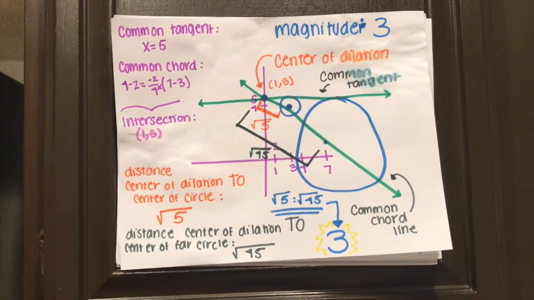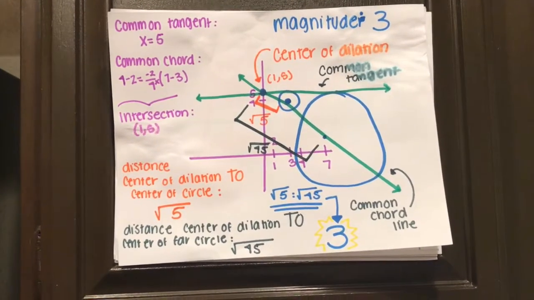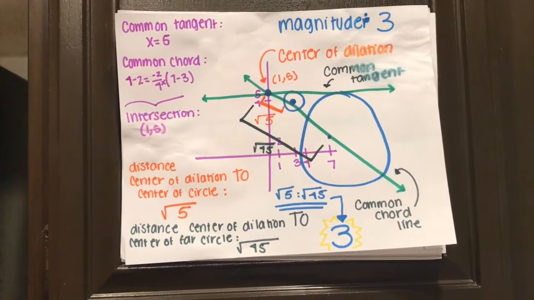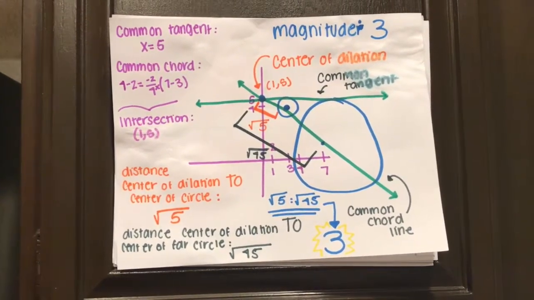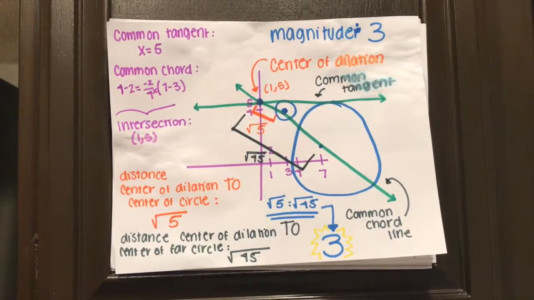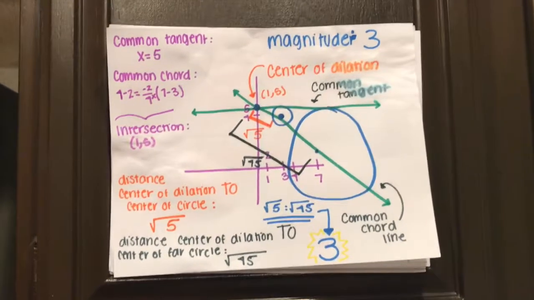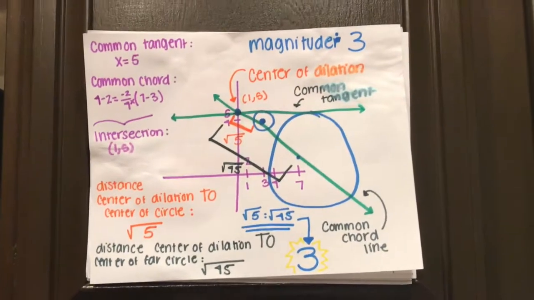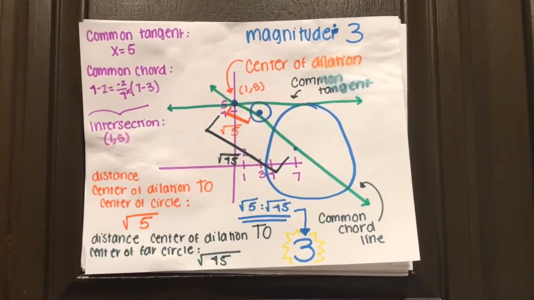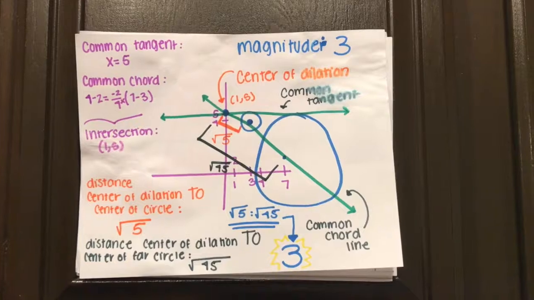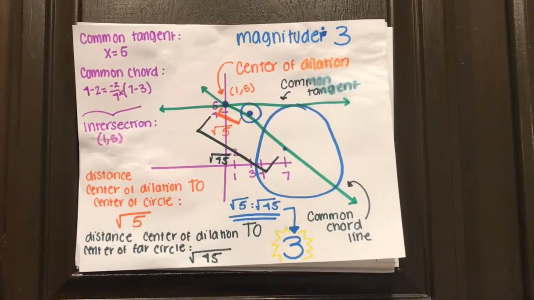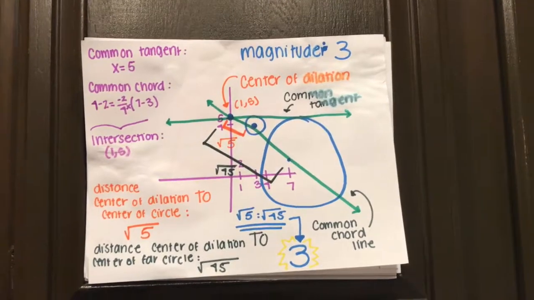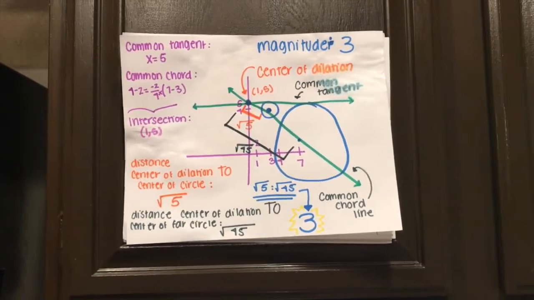Then you find the distance between the center of dilation and the center of the second circle, and that equals the square root of 45. You put those two numbers in ratio form, the square root of 5 in relation to the square root of 45, and simplify, and that equals 3. That 3 is your vector magnitude, or your scale factor.